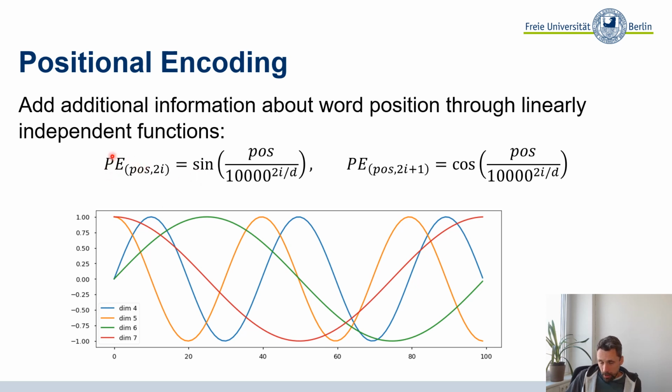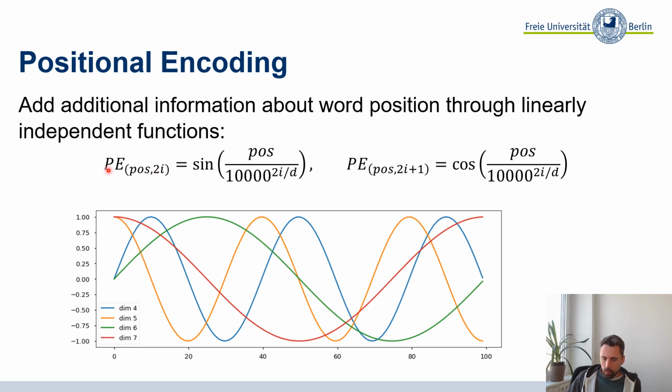So the positional encoding is a function that depends on the token's position, obviously. So, for example, here we have 100 different possible positions. So these are integer values, obviously.